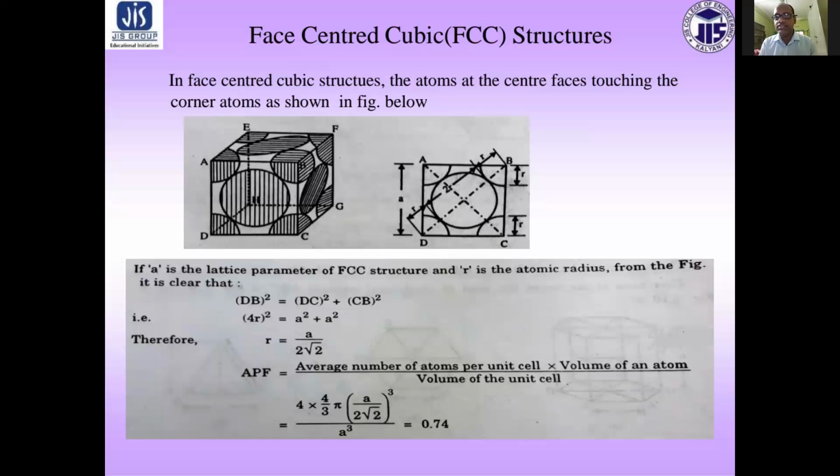The APF calculated is 0.74. It indicates that in an FCC structure, 74% of the unit cell is occupied by atoms and the remaining 26% is vacant.